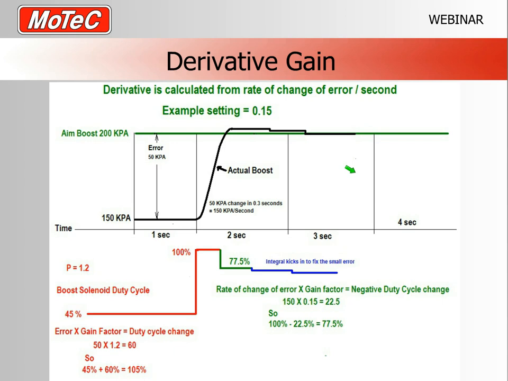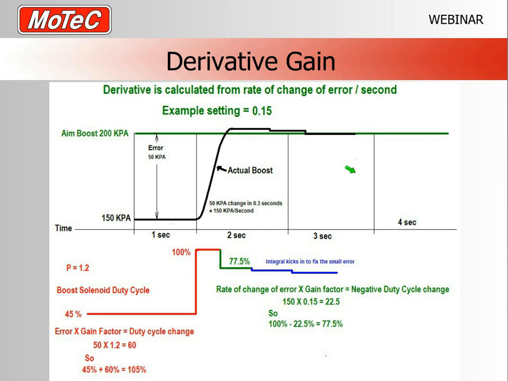I can see that we've approximately covered 50 kPa in a short amount of time, and that's calculated out at 150 kPa per second, which is what the computer has calculated that this line is heading up at. It calculates it very quickly, and it can see that the error is changing at 150 kPa per second. So it brings that into the calculation.